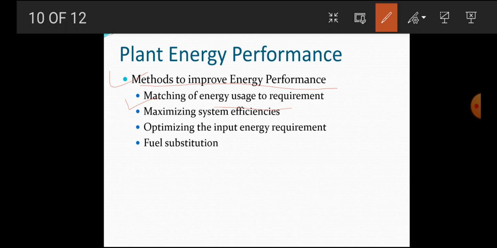There will always be a mismatch between the user's requirement and the capacity of the equipment. Due to higher capacity, equipment is run only on part load, so this leads to energy inefficiency. This mismatch will spoil the energy management.